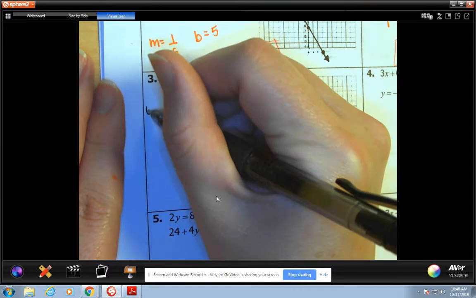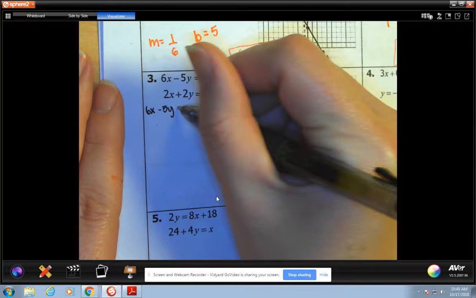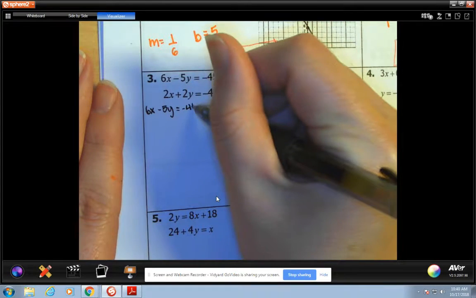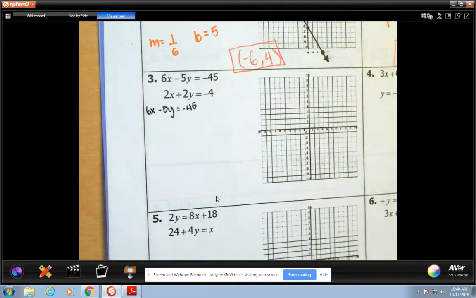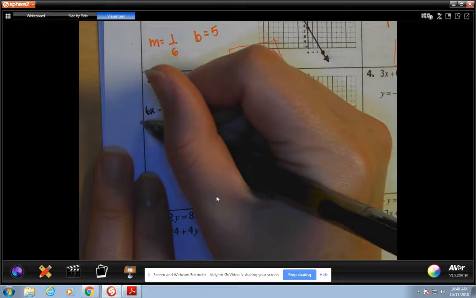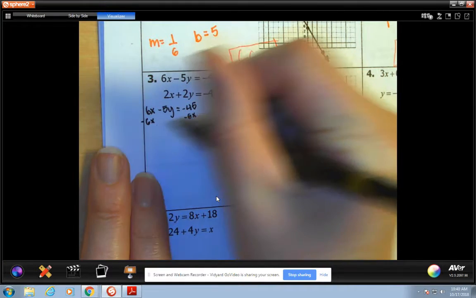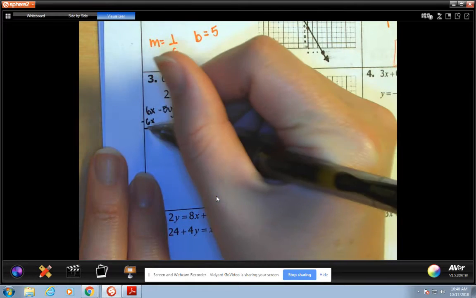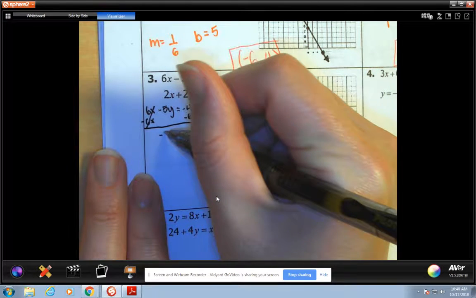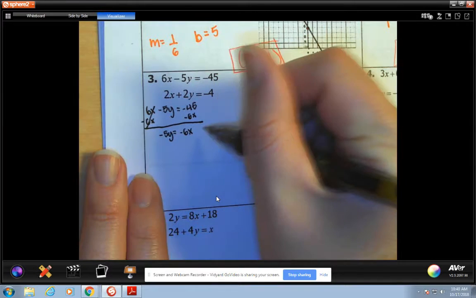So that would be 6x minus 5y equals -45. Notice how I'm writing small because I have to solve 2 equations, so I'm trying to give myself enough space in the box. We're going to use opposite operations and get y by itself. So we're going to say minus 6x because I want to move that 6x to the other side of the equal sign. What we're left with is -5y equals -6x minus 45.